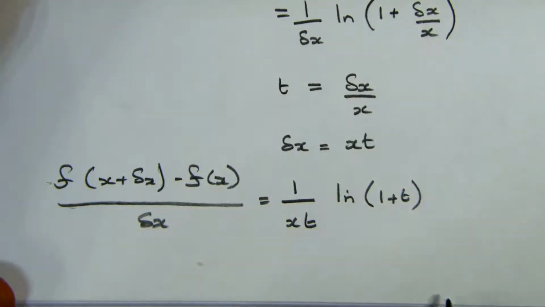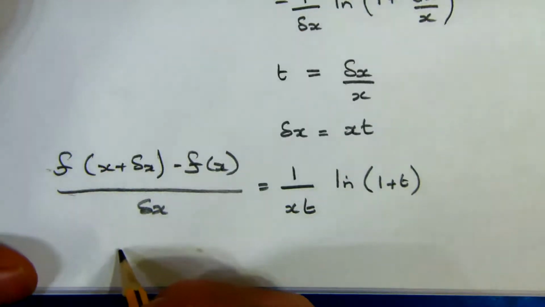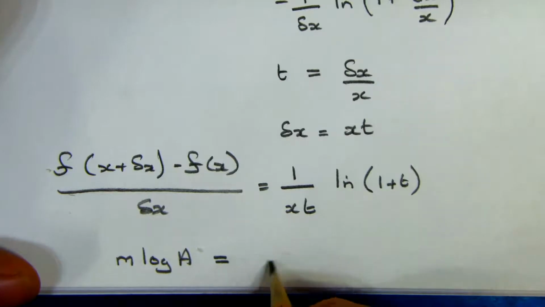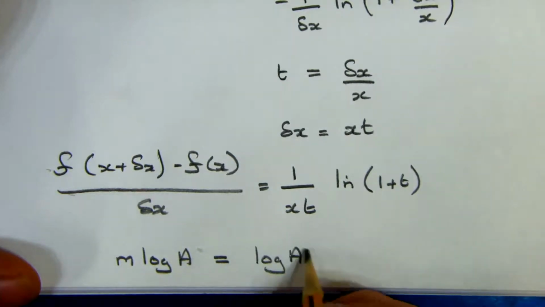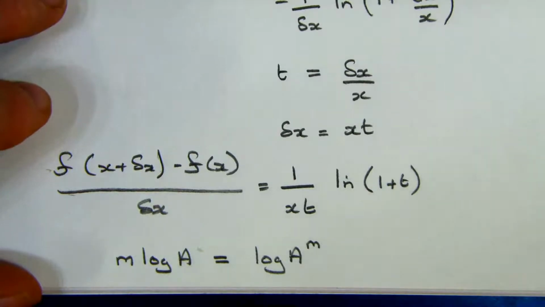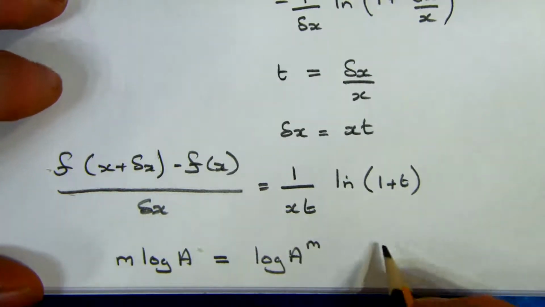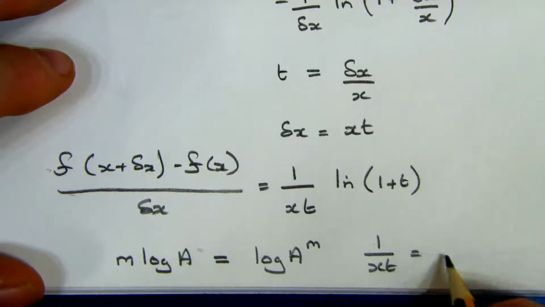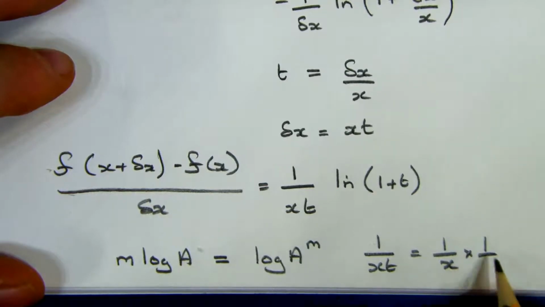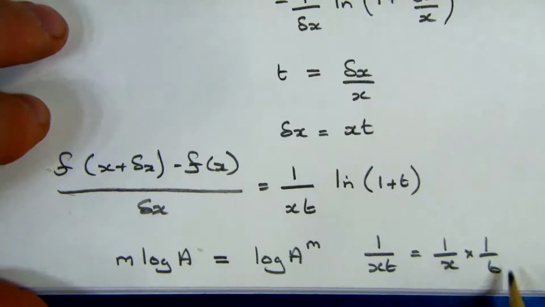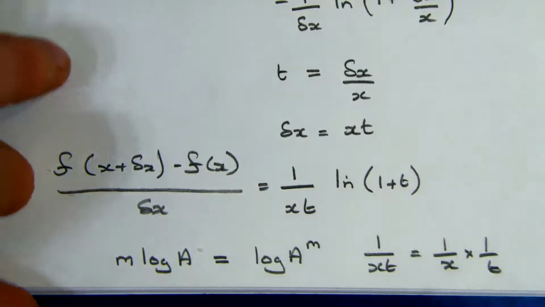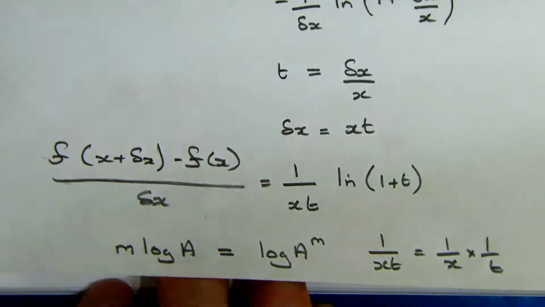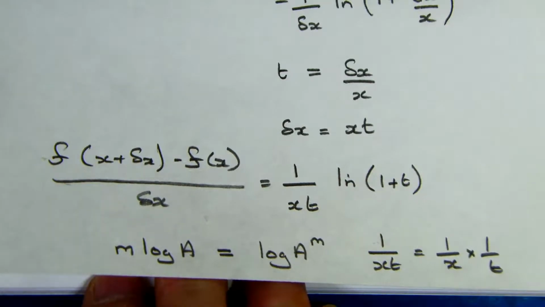Now, remember our rule that we had, m log a is the same as log of a to the m. So we can also be aware of the fact that 1 over xt is the same as 1 over x times 1 over t. I find students find that one the harder of the two. They're not very good at fractions. So let's now see if we can rewrite this.